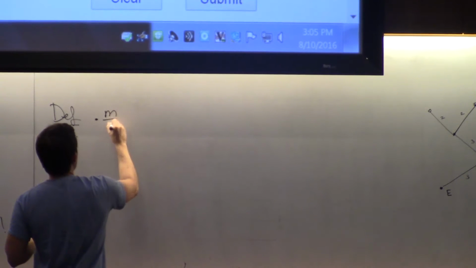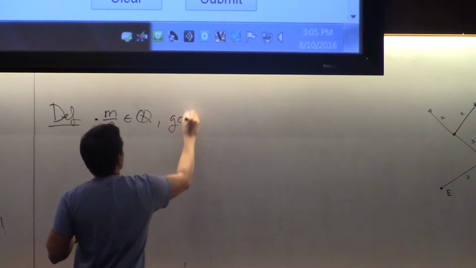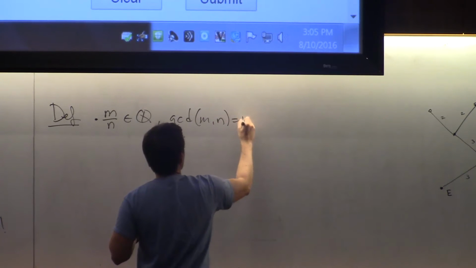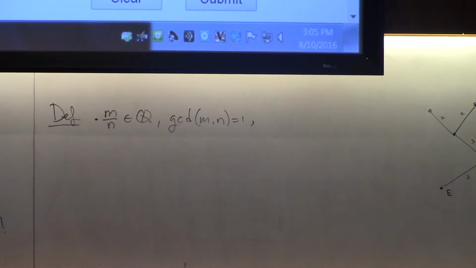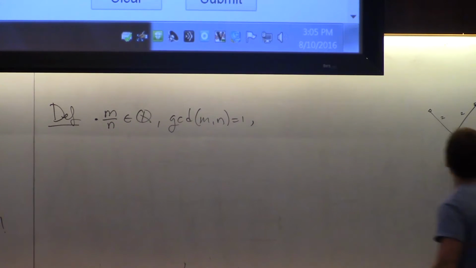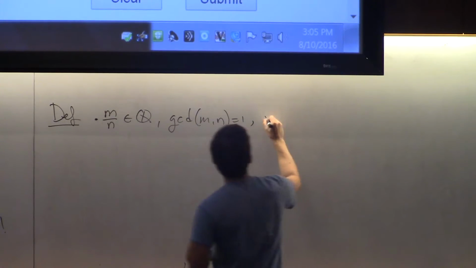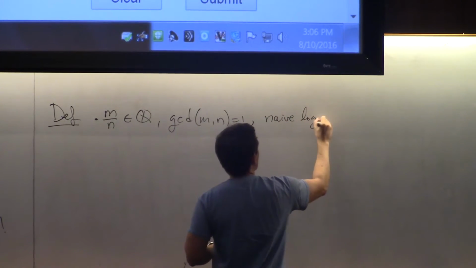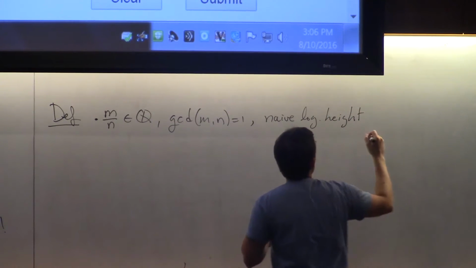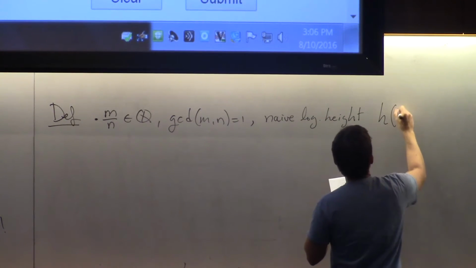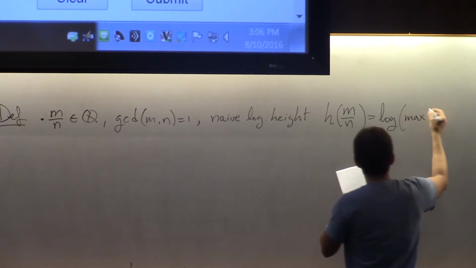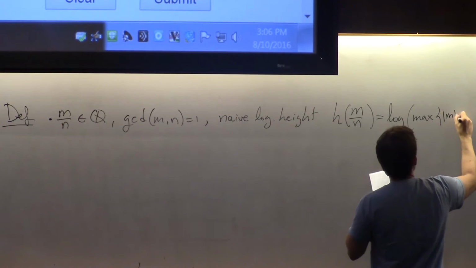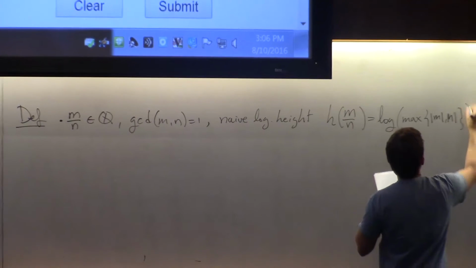First, I want the height of a rational number. So if I have a rational number in lowest terms, then the naive logarithmic height of my rational number is the log of the max, since I'm taking logs, of the absolute values of numerator and denominator.